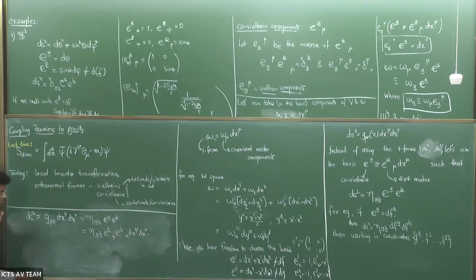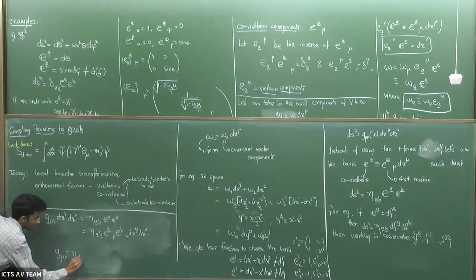Comparing these two equations, we basically get that the metric is really some dot product of the tetrads.